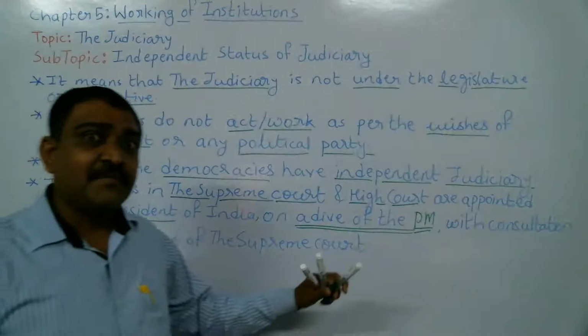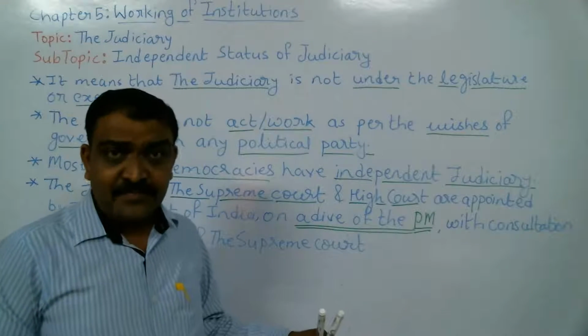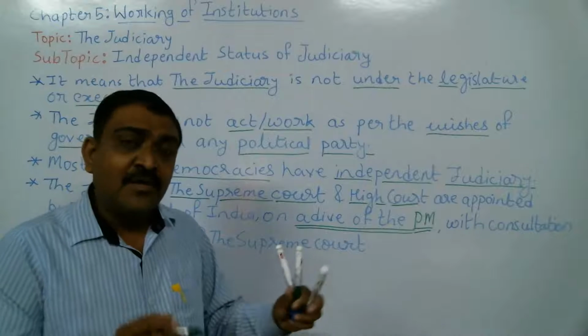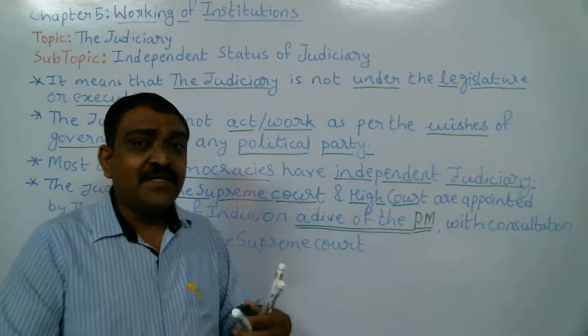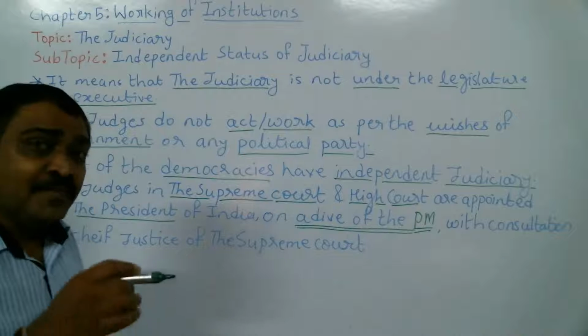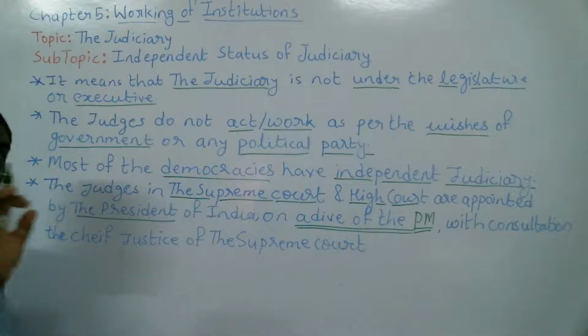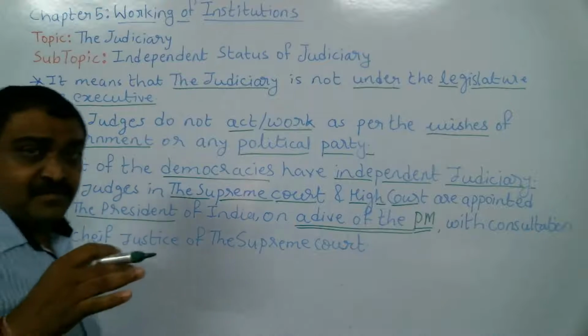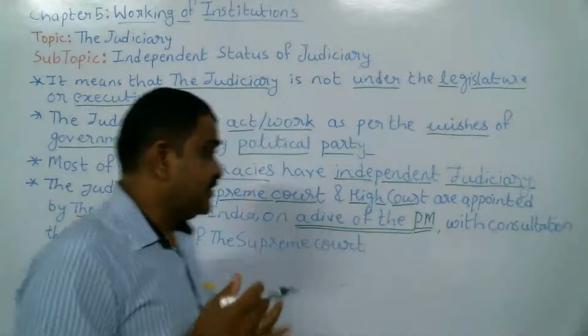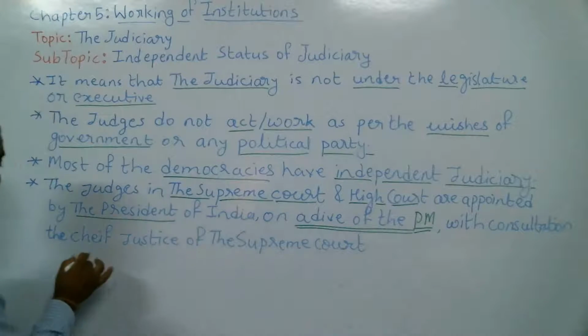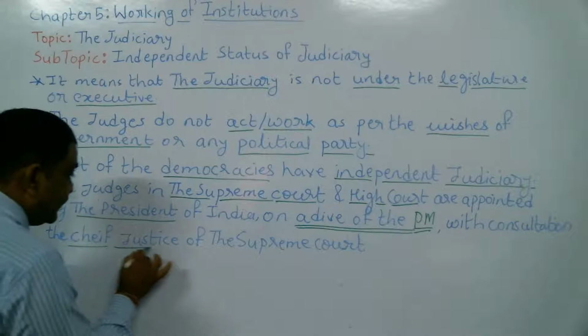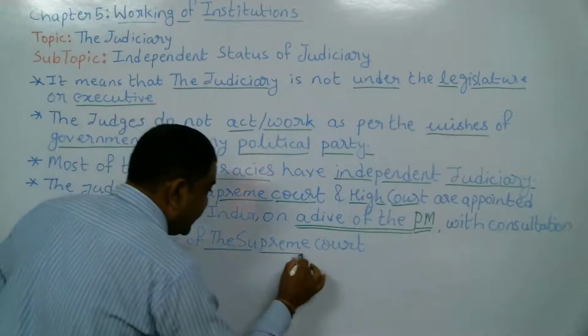And again, the Prime Minister can't give the advice on his own or in a meeting of the Council of Ministers. No. In actual terms, for the names of possible judges, the consultation has to be done with the Chief Justice of the Supreme Court.